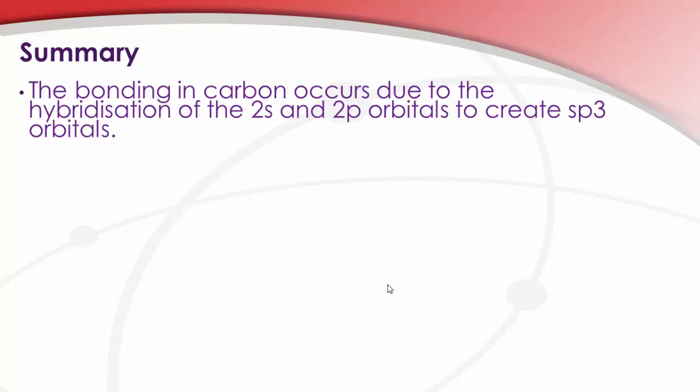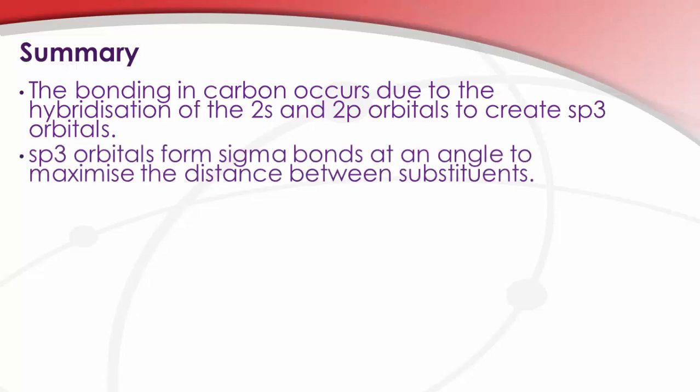And each one of those 4 has 25% S character and 75% P character. These sp3 orbitals will form single sigma bonds at the perfect angle to maximize distance between substituents. So that's just about exactly 109.5 degrees.